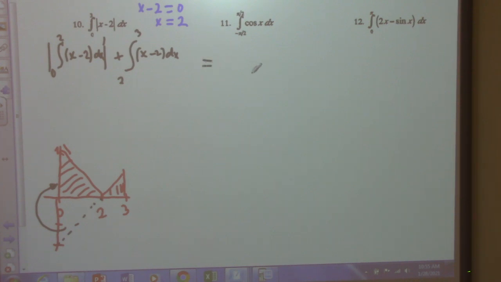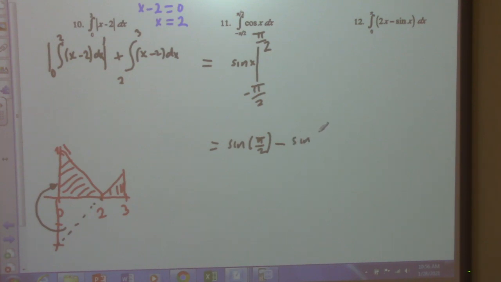So this one here, your answer is going to be sine x from negative pi over 2 to pi over 2. And what is sine of pi over 2? So you have sine of pi over 2 minus sine of negative pi over 2.